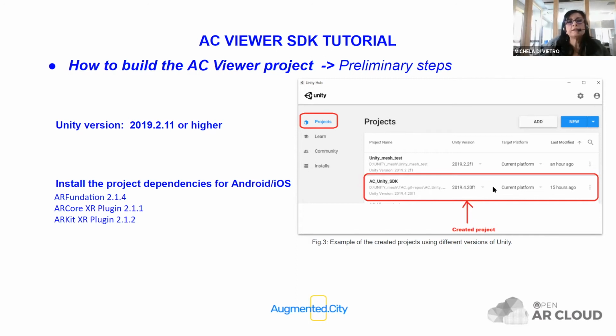Anyway, AC Viewer SDK is based on the AR Foundation system. So after installing, of course, the Unity Hub, you have to install other dependencies, for example, for Android or iOS. In fact, our AC Viewer runs on several devices, so you need to install other dependencies listed here.